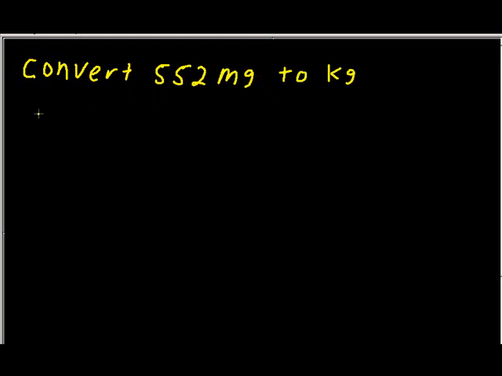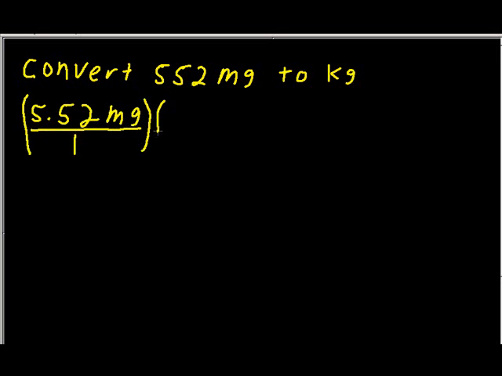Okay? Now, the first thing we do, as always, is take 552 and convert it to scientific notation, which is 5.52 times 10 to the second milligrams, always so important to include units, divided by 1, parentheses.